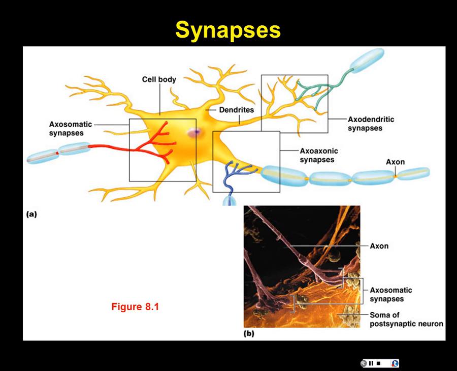You have a similar image, figure 8.1, in your textbook. I like this one better, so I provided it for you in your handout. But the presynaptic cell does not have to synapse only at the dendrites. Okay? If the presynaptic cell does synapse at the dendrite, it's called an axodendritic synapse.